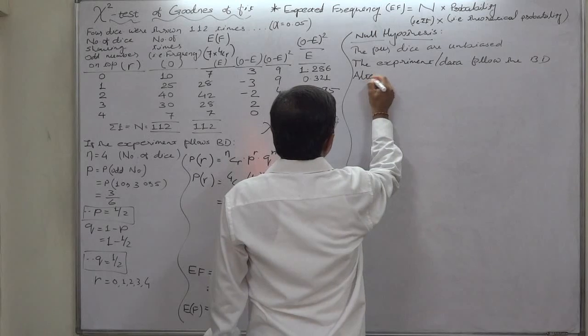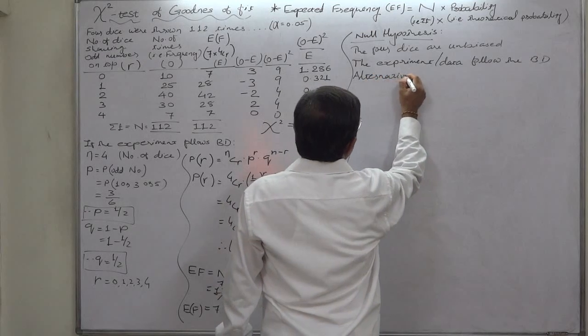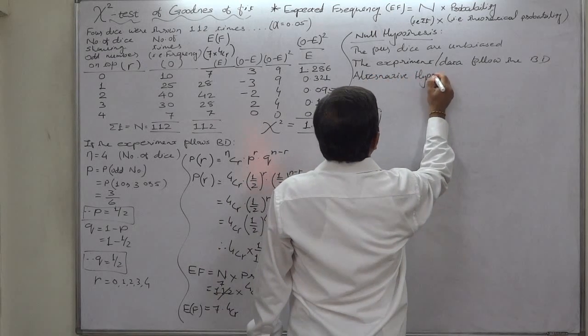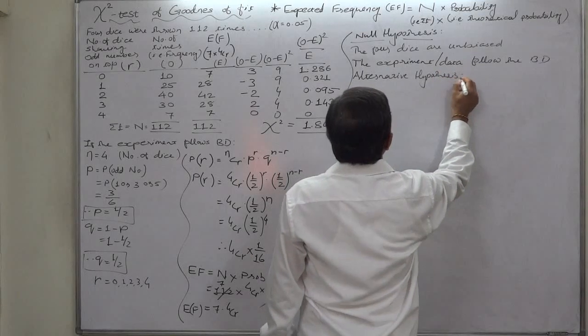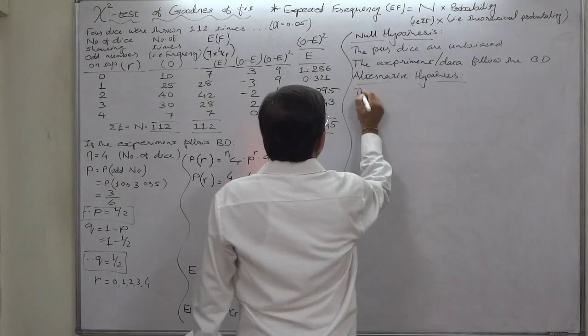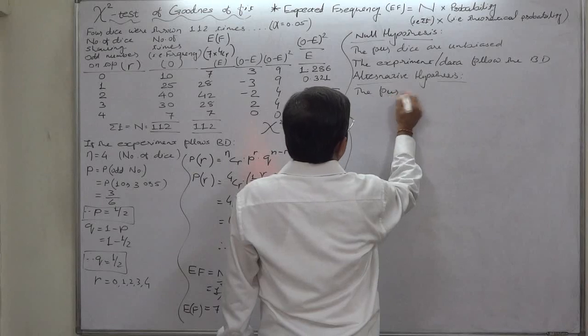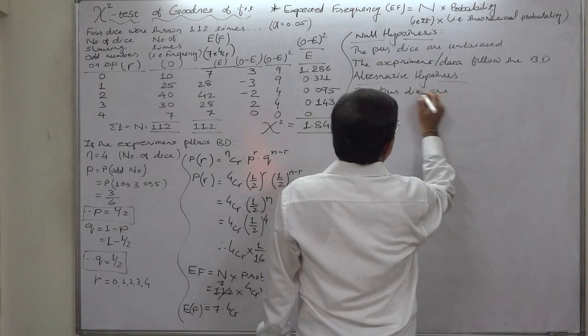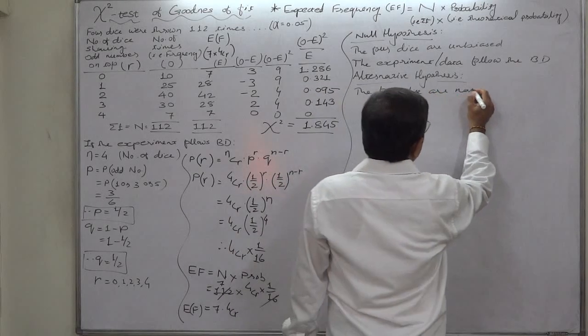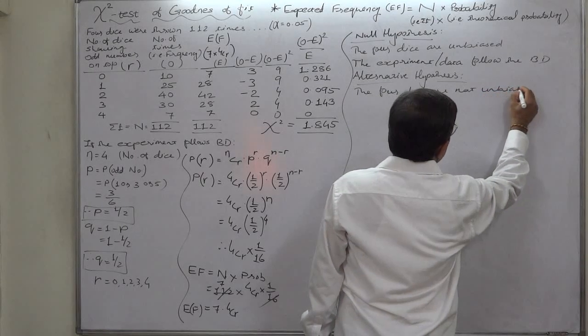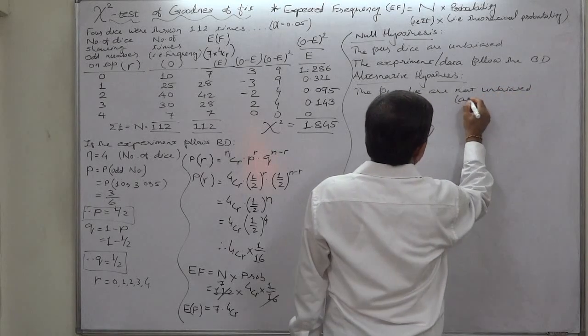Alternative hypothesis will be the 4 dice are not unbiased, or we can say that they are biased.